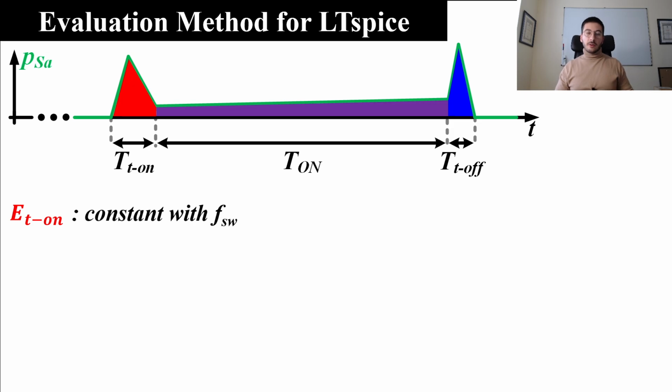So, first comment: the energy of the turn on, this one and this one, is constant with the switching frequency. Basically, that triangle that we see here doesn't depend on the switching frequency. Every time we turn on the device, we will have this triangle.